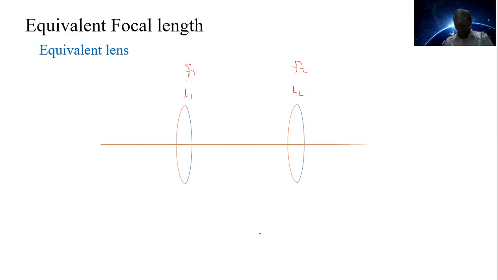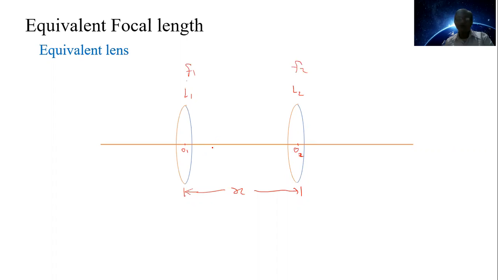Now here we can represent the optical axis. This one is the optical axis of the system. We have seen both the lenses are mounted coaxially and separated by the distance x here. We can consider their optical centers O1 and O2.